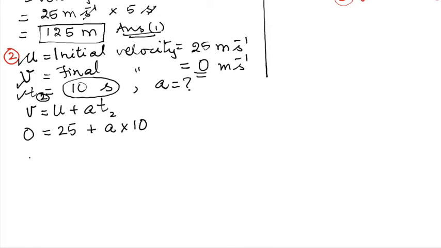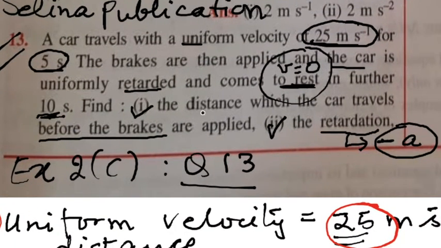It is 10 seconds. So we will have minus 25 is equal to 10A, and therefore A is equal to minus 25 upon 10, which is minus 2.5. So we are asked to find the retardation.